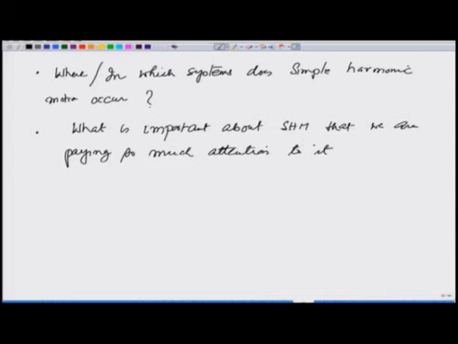In which systems does simple harmonic motion occur? We have already seen if force on a particle is proportional to the displacement, but in the direction opposite to it, SHM takes place.